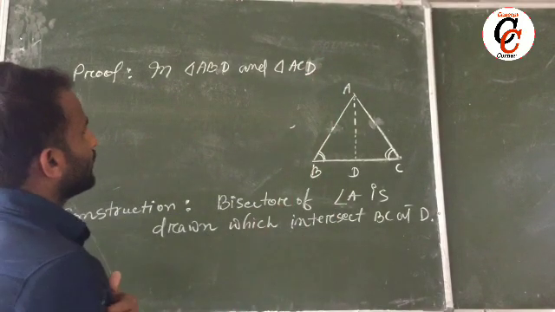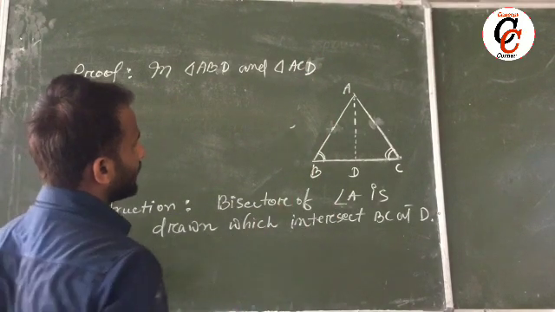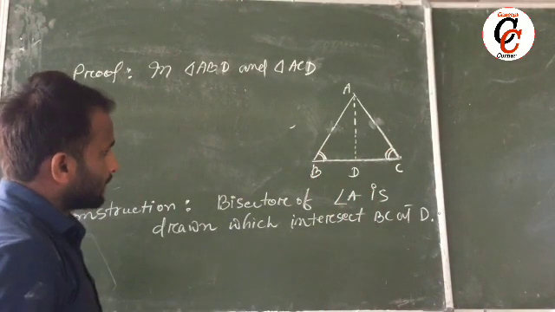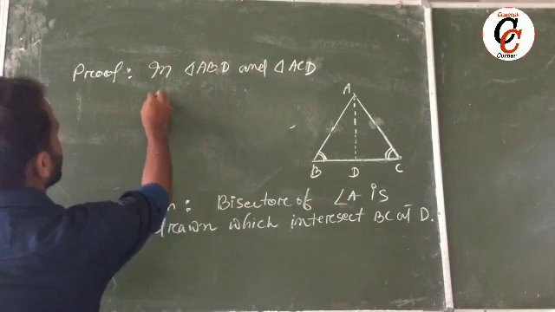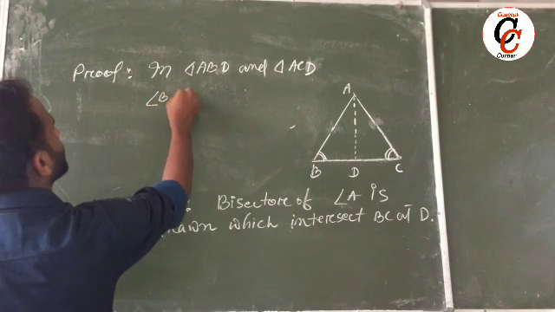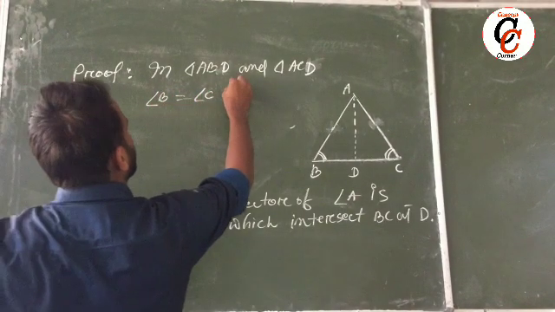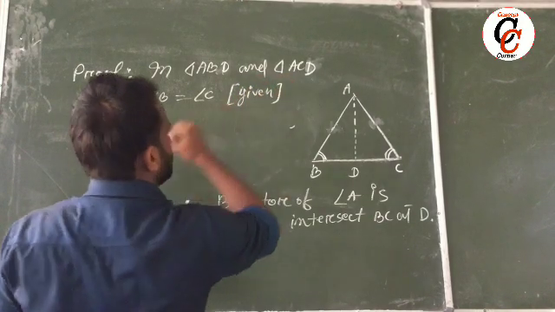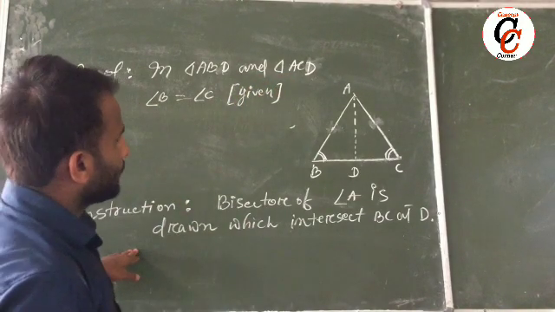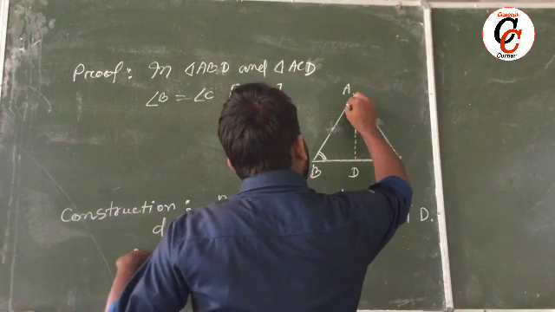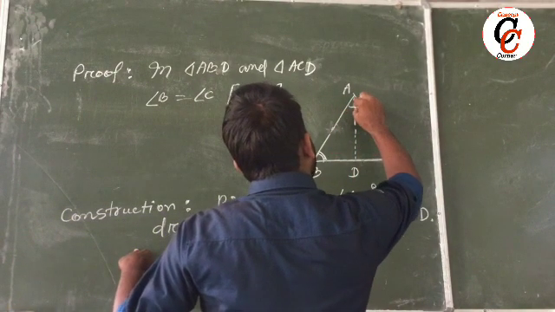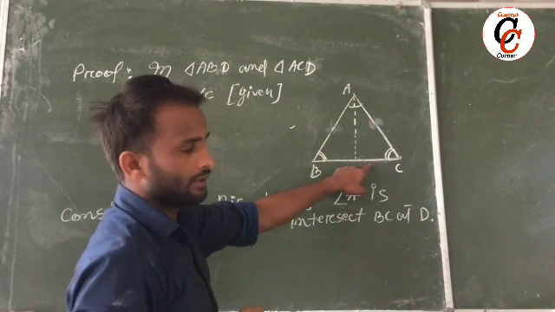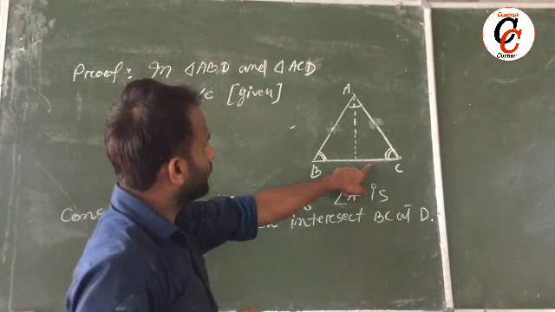What are the equal parts given? We have angle B equal to angle C. It is already said in the theorem. Angle B is equal to angle C, given. Then angle BAD and angle CAD are equal. Why?